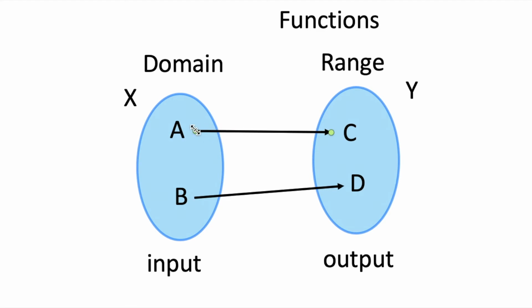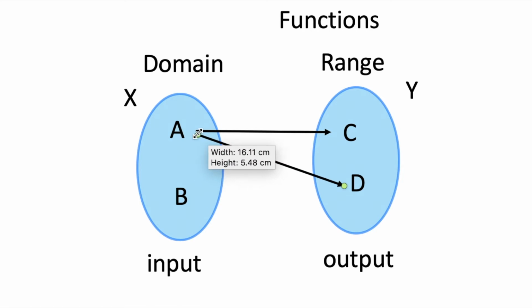One value in the domain can equal another one in the range. However, like this, the value of A, for example, in the domain cannot be equal to both C and D. It is only allowed to equal one of them.